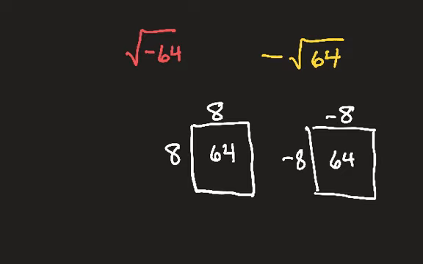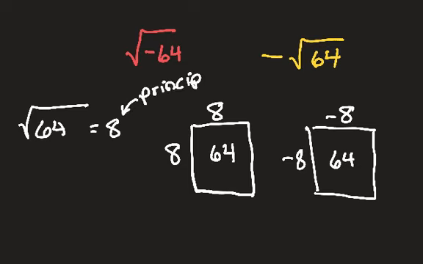So how do I answer then, Miss Evans, when I am taking the square root of positive 64? I thought I'd just say 8. Typically, yes, this is called the principal root. The principal root is the positive root.